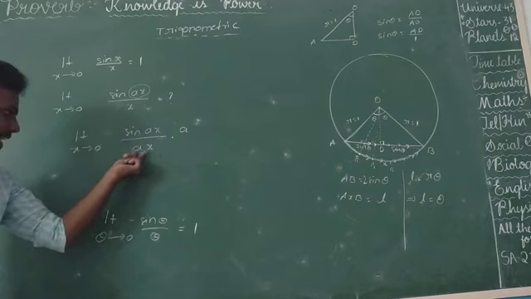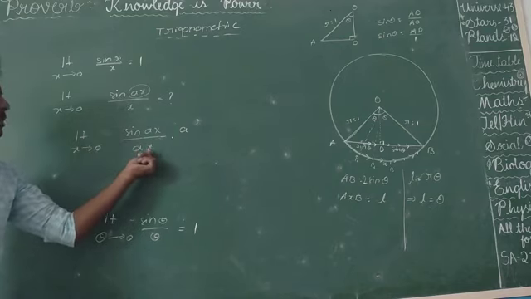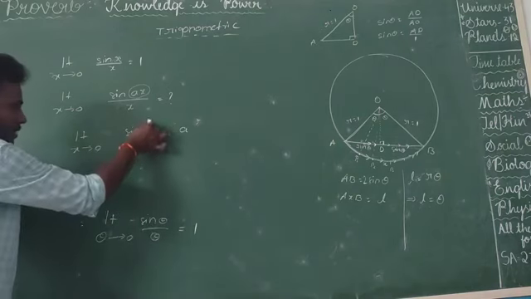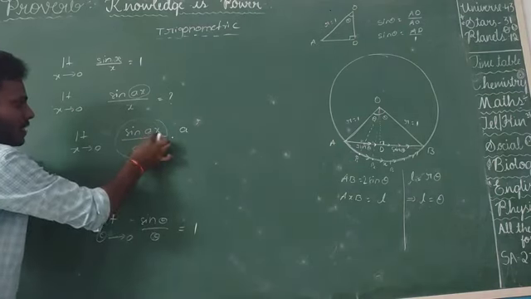So that one ax should be multiplied by a, and again to cancel, the division becomes a multiple of the numerator. So now it becomes sin of ax by ax.